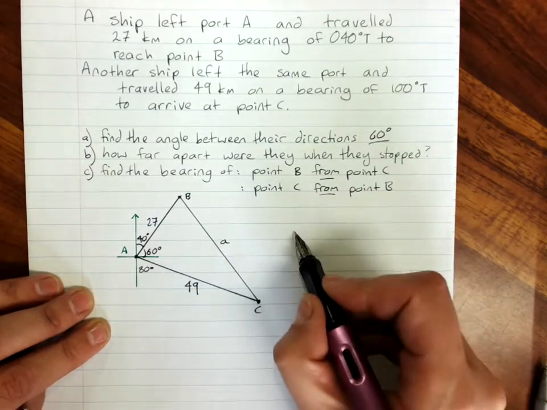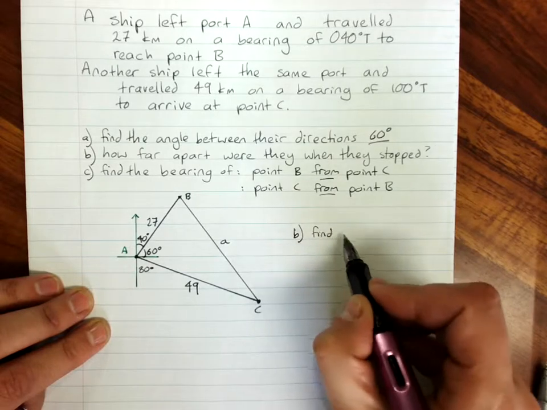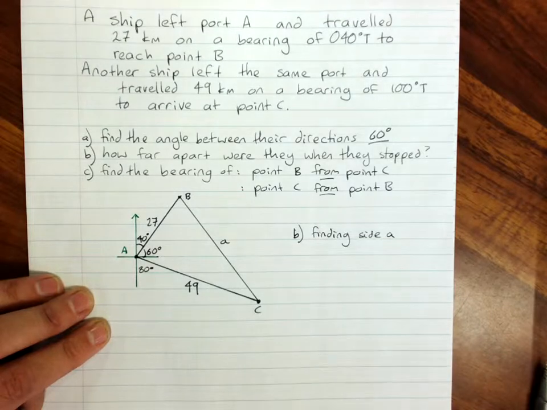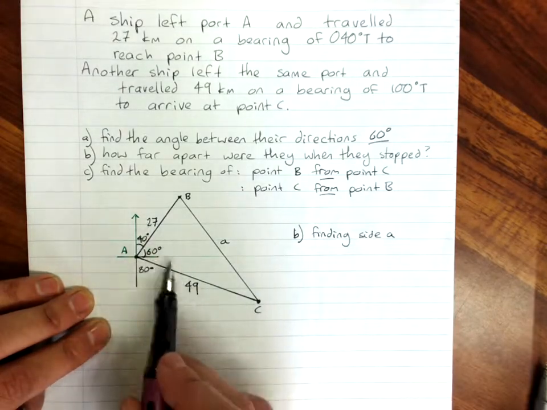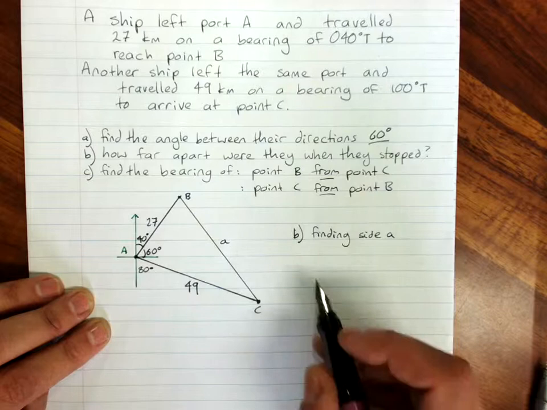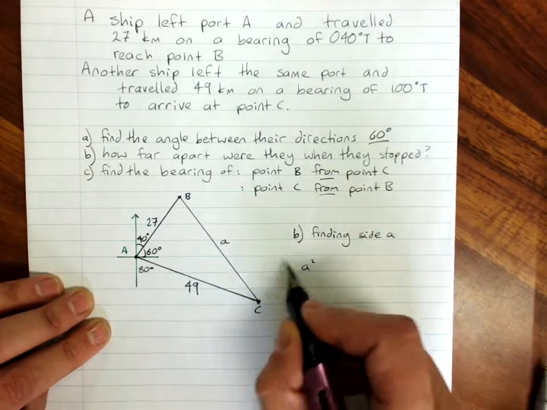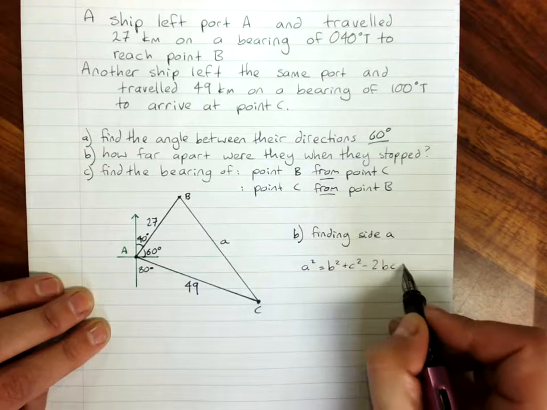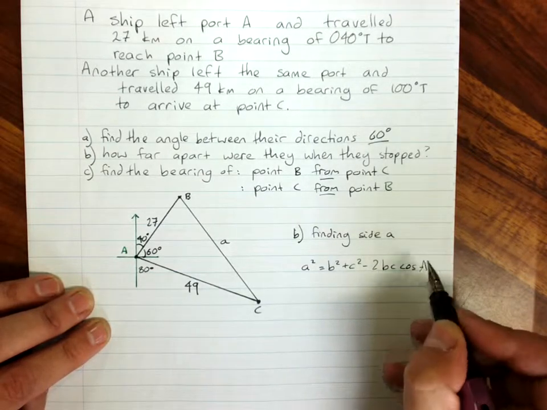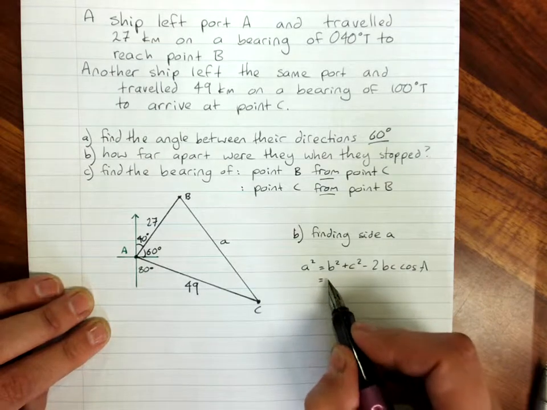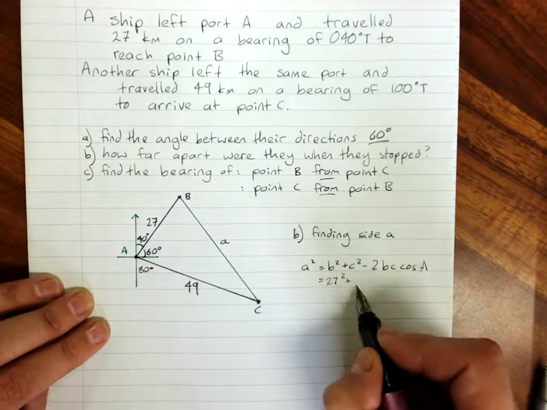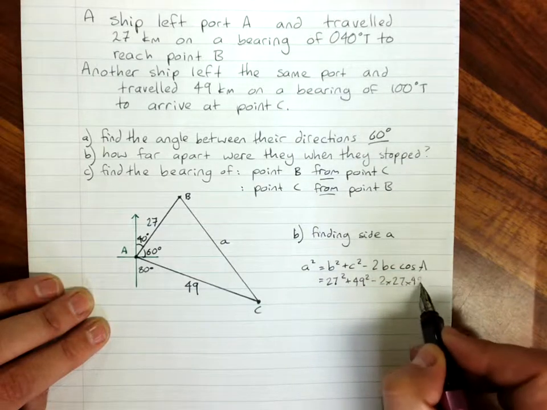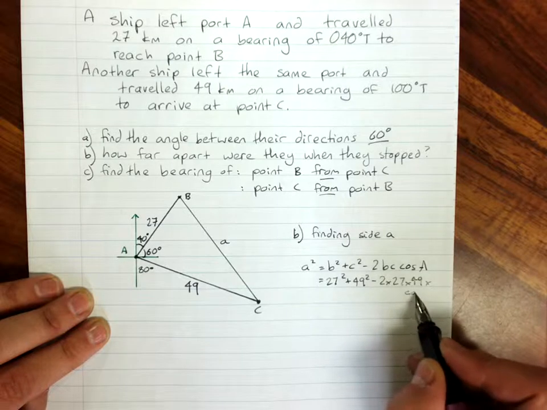But so question B, we're finding side A. I have two sides and the included angle, that says I'm going to use the cosine rule. Choose the one that starts with A squared. Substitute our values. Whoops, running out of space.